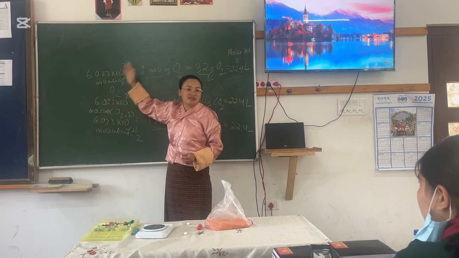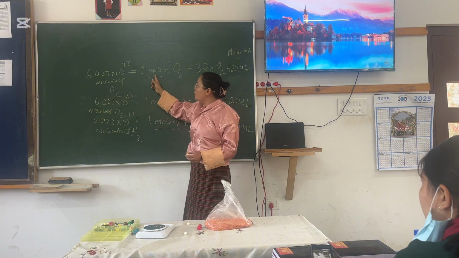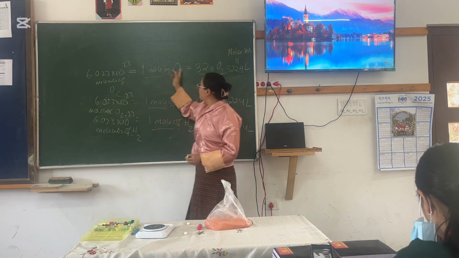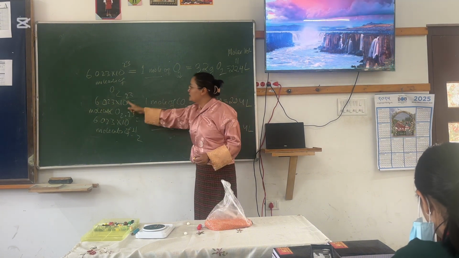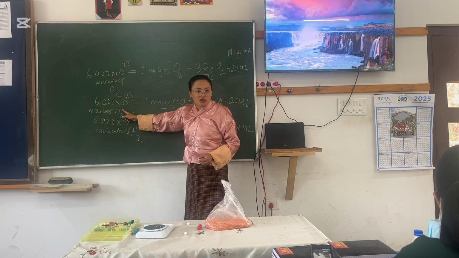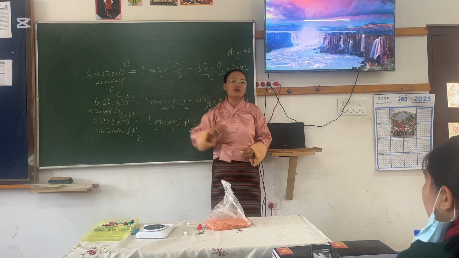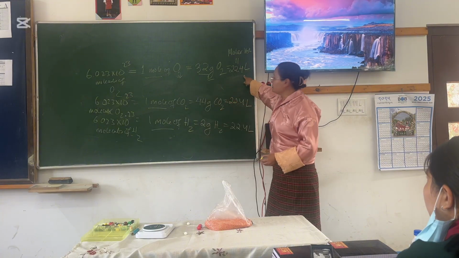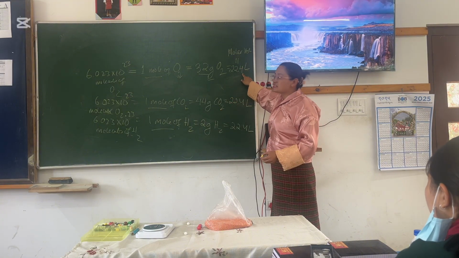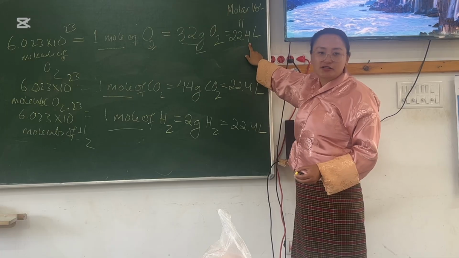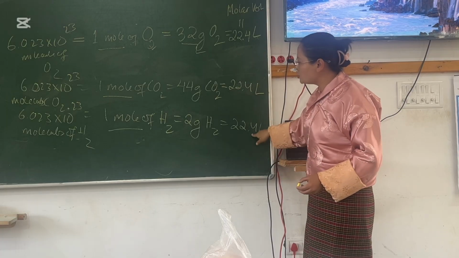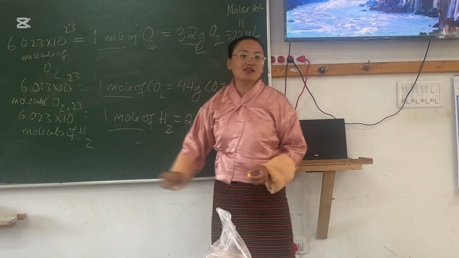It's like a dozen, which is always 12. So 1 mole means Avogadro's number of O2, Avogadro's number of CO2, and Avogadro's number of hydrogen. Then if it is gas, we can also find the volume, which is 22.4, 22.4, 22.4, because they are all 1 mole.